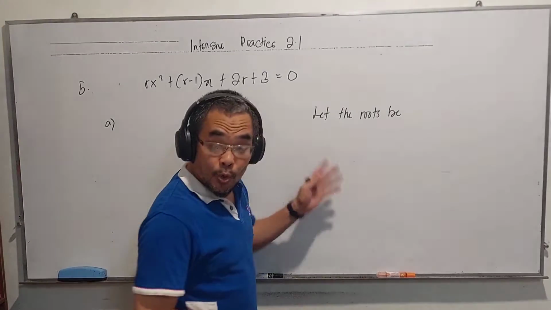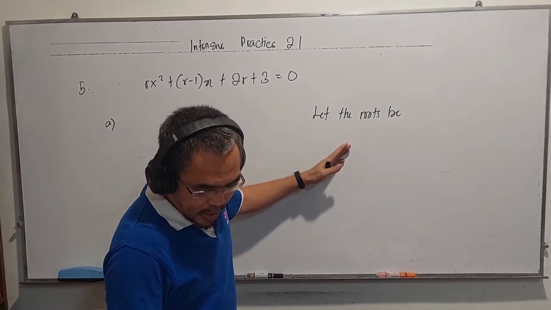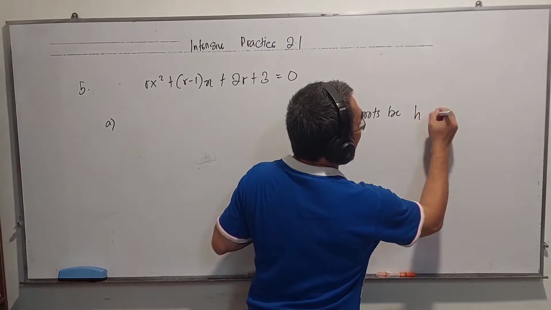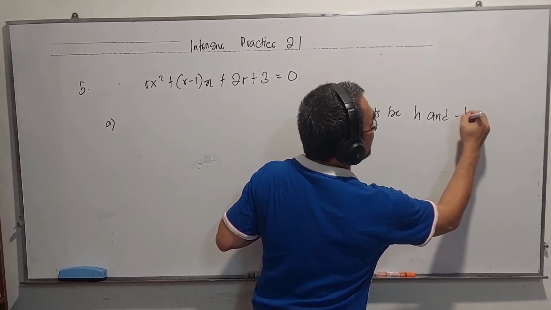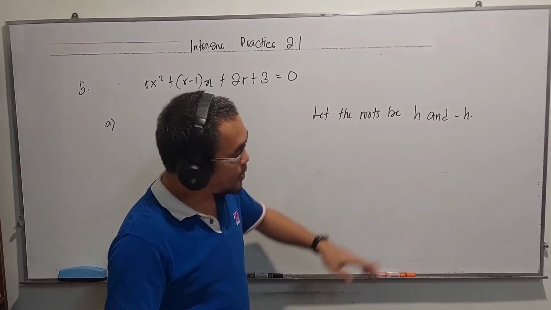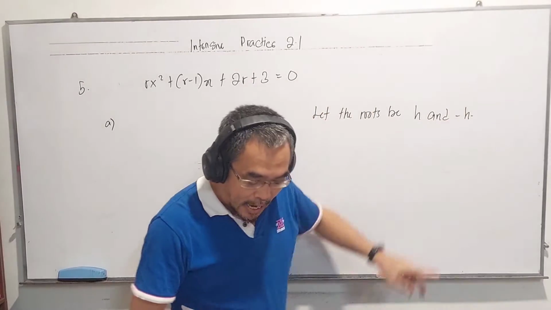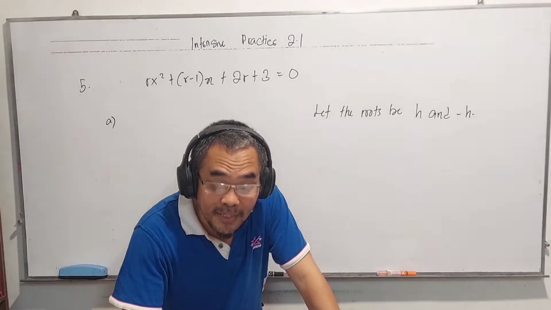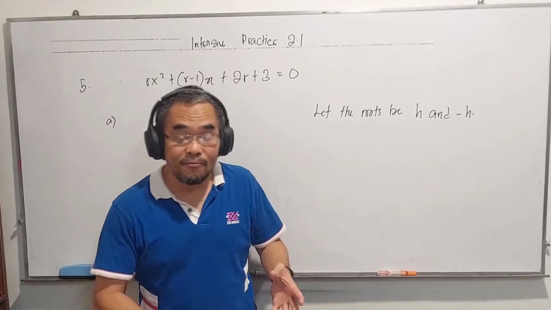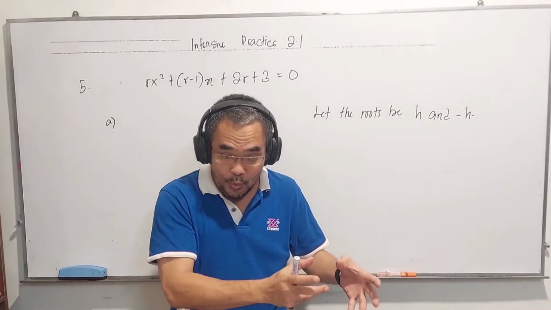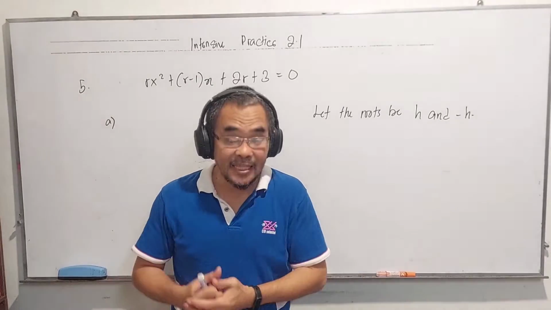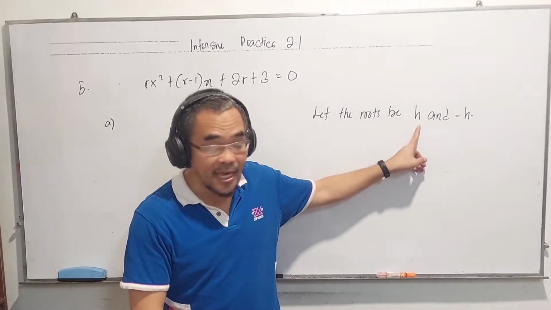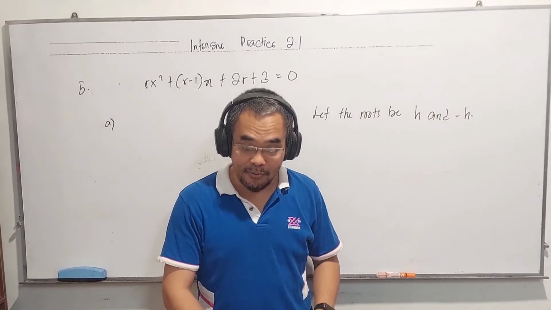So, let the roots be H and negative H. Do you understand why H and negative H? Because the statement says one root is the negative of the other root. For example, if one root is 2, the other root will be negative 2. Since we do not know, we assume one is H, so the other will be negative H.